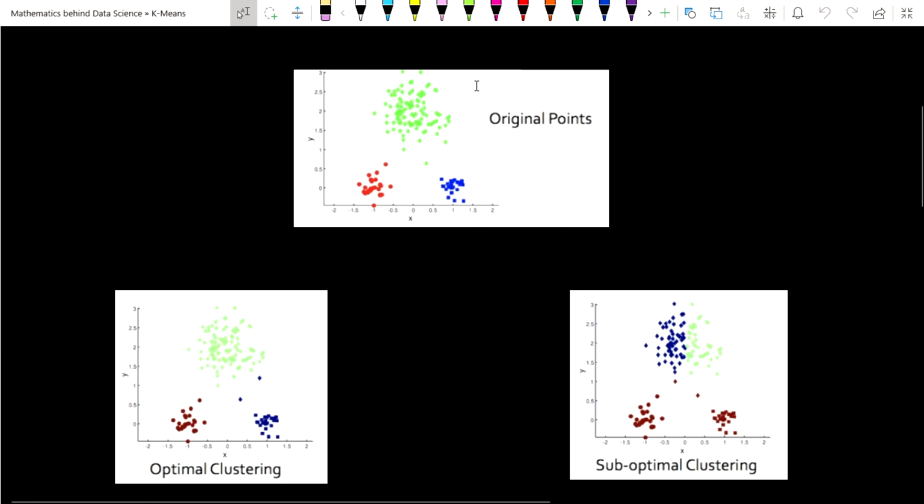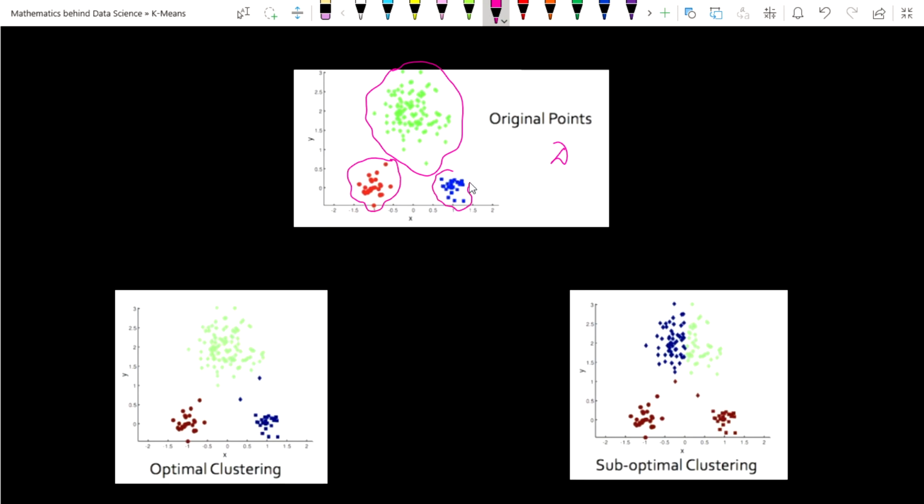In this picture, these are our original points, the original data set that we have. At a human level, if you visualize this, you can easily detect one cluster here, another cluster here, another and another. These are the original clusters in our data.